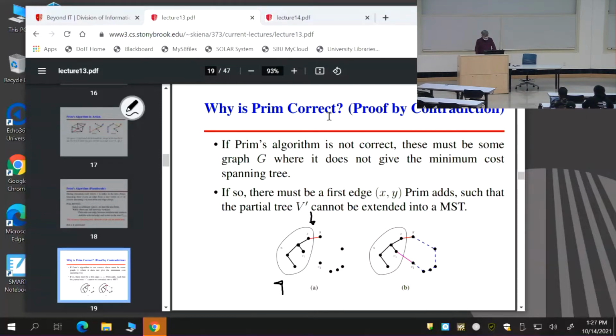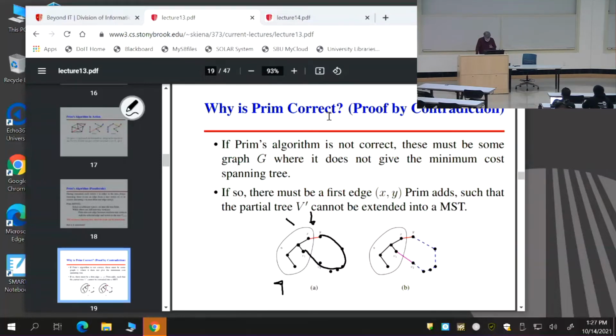And I'm going to say, oh, well, at the time I added this edge, it would not have created a cycle. Let me add that edge to whatever spanning tree you come up with. It's going to create a cycle. Now, X was already in the tree, Y is not in the tree. So there is going to be a cycle created, where if edge X, Y was the critical edge, there's a path from Y that gets back to a vertex that was in the tree.